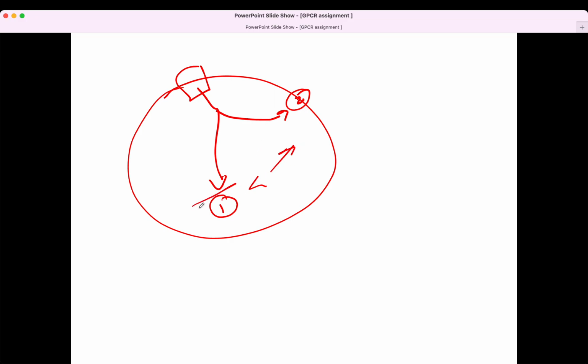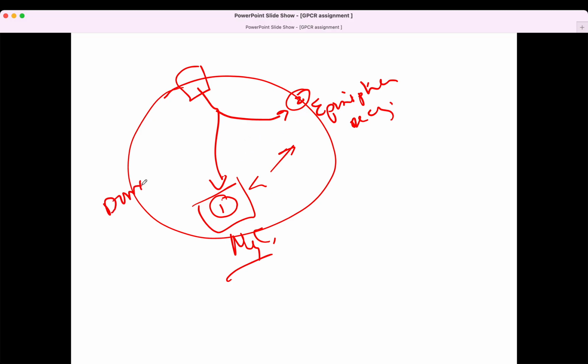So MYC, great example, genomic response. Epinephrine receptor, great example of non-genomic response. And then dopamine receptor, and the G protein coupled receptor pathway that dopamine activates. Both activation of CREB and new gene expression, and activation of ion channels.